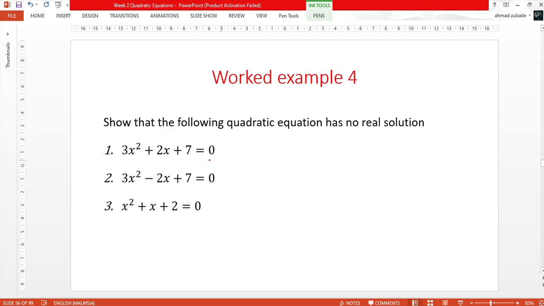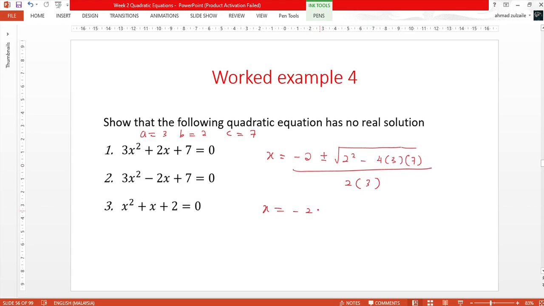So what you can do is use this A, B, and C. Your A equals 3, B equals 2, C equals 7. Then substitute into the quadratic formula. Sorry, negative B, so there must be -2. So -2 plus minus the square root of 2 squared minus 4 times 3 times 7, over 2 times 3.